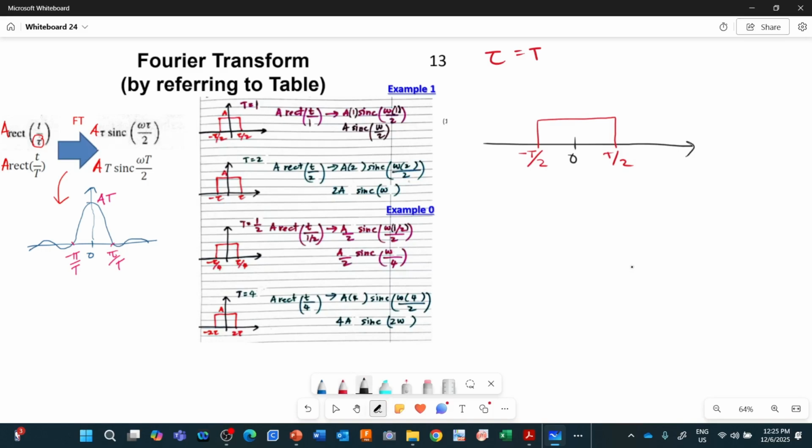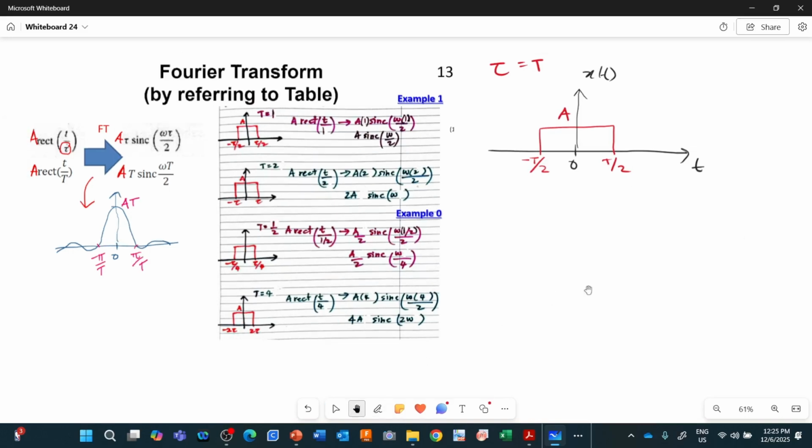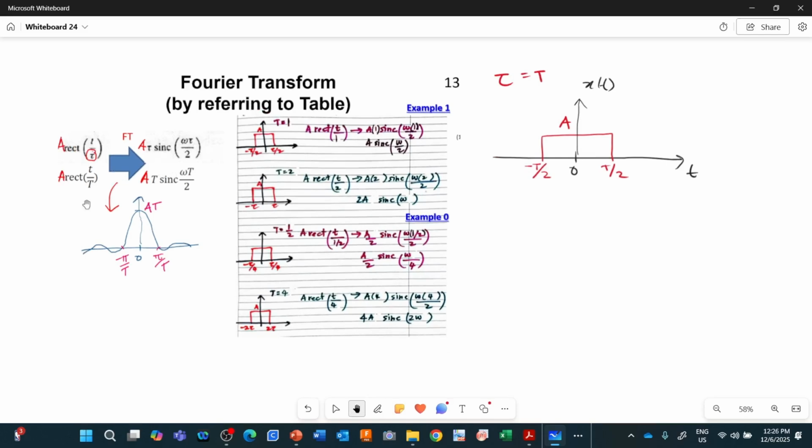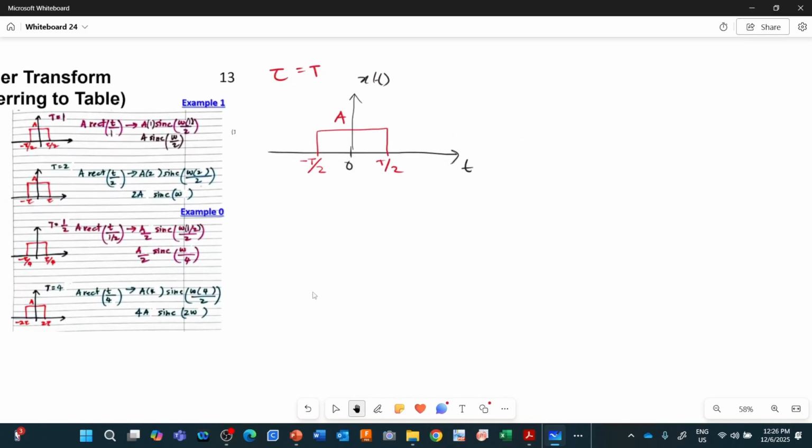Okay, so draw it properly. You have x(t), T. Amplitude, what is amplitude? A. So I'm just writing the graph again. According to the Fourier transform, you are going to use table number 17, right? So 17. So what is the equation?